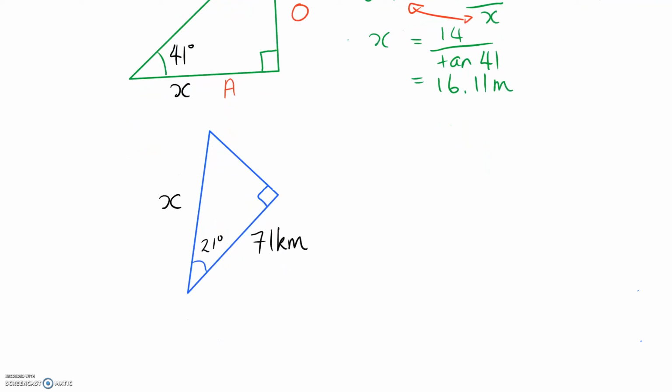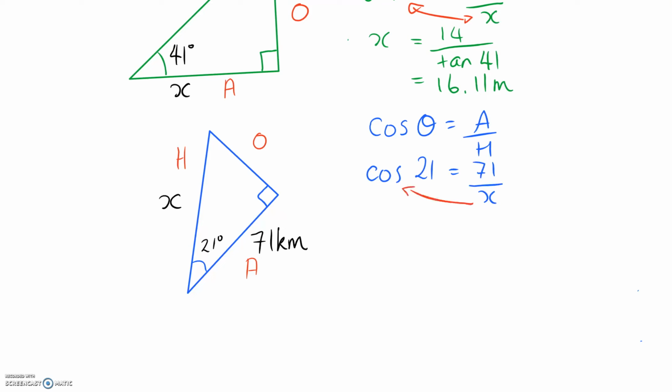The final problem. Step 1, label sides: opposite, hypotenuse, adjacent. Step 2, decide A and H. That's cos. Cos theta is A over H. Cos 21 is 71 divided by x.